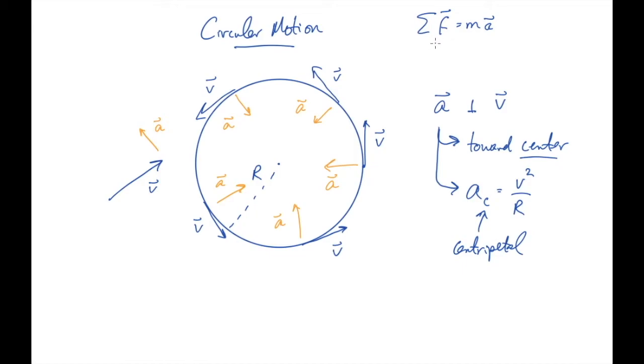There might be one force that's pushing the object to the center. There might be two forces. There might be three forces. There might be many forces whose net effect is to push the object to the center. But if you have something moving in a circle, you can be sure that there's going to be a v squared over r acceleration toward the center, and that therefore there will be a net force in that direction.